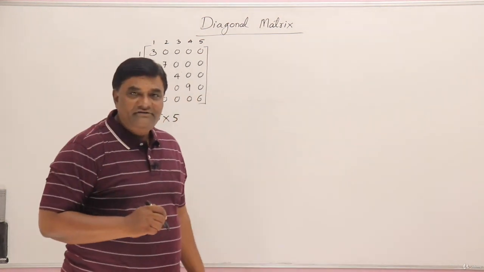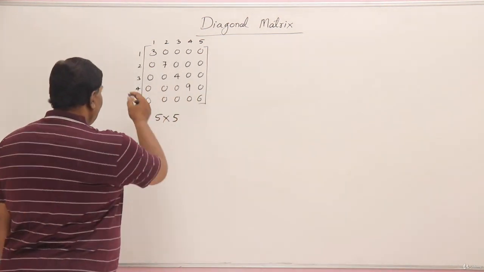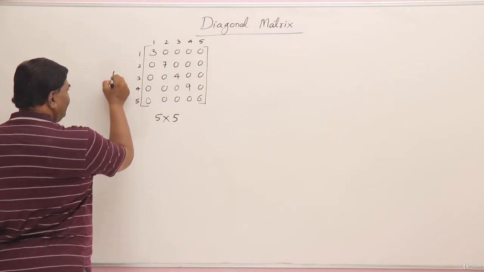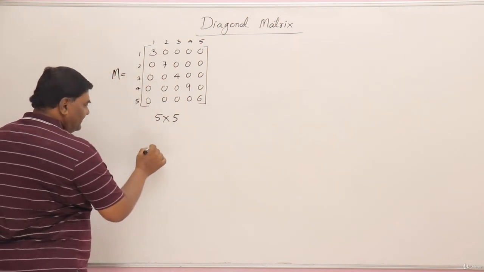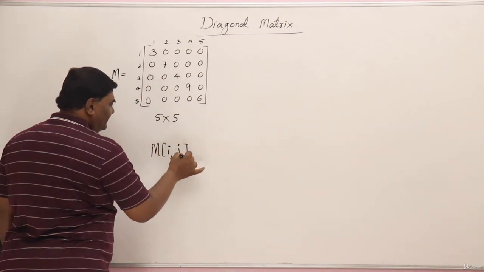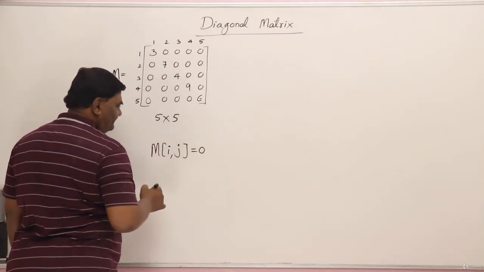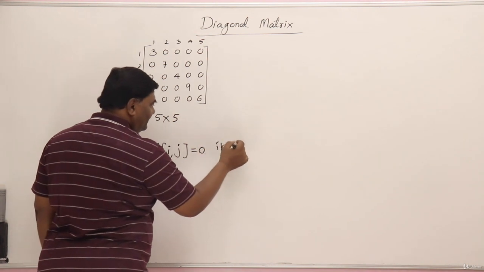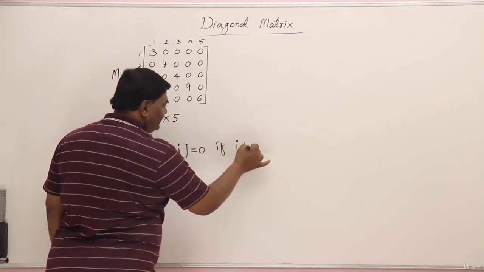So let us see how we can define this one. If this is a matrix M, then M of ij is 0 if i is not equal to j.